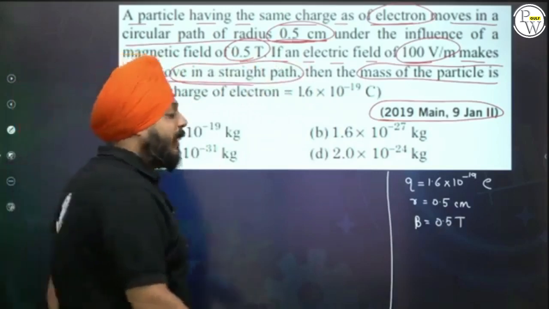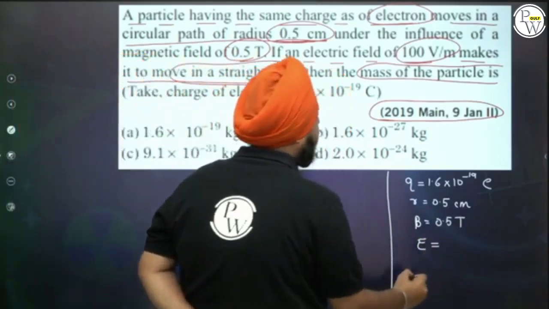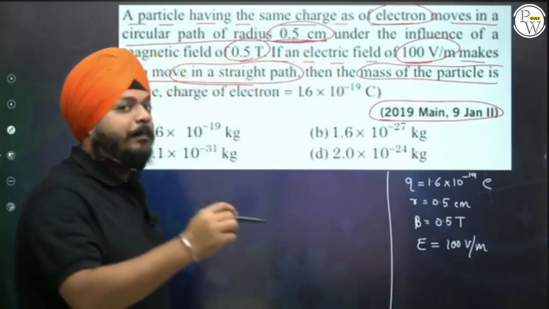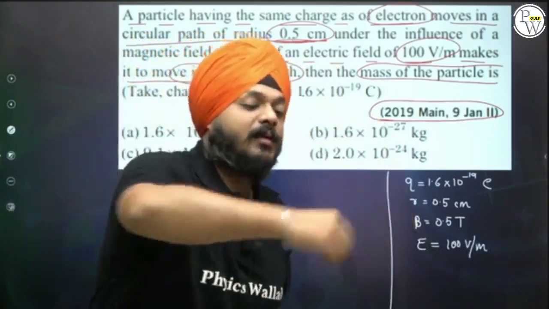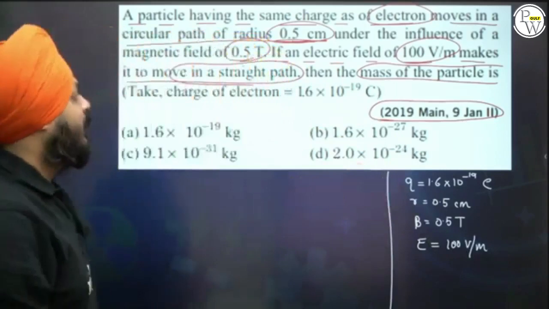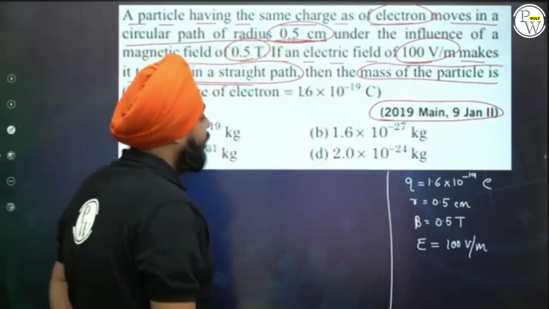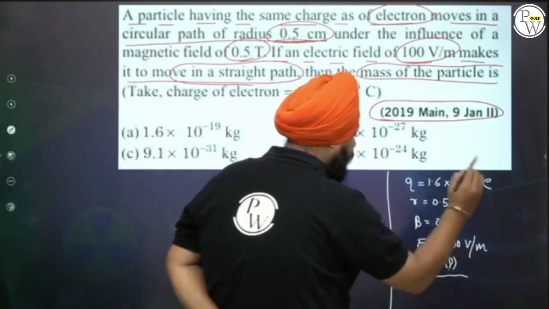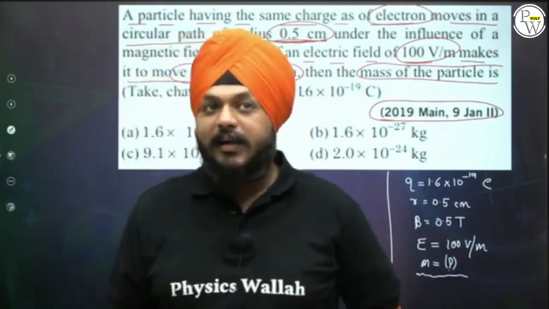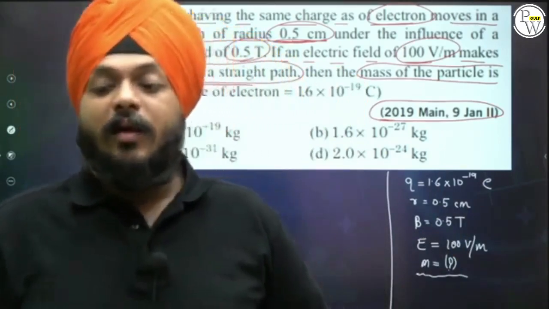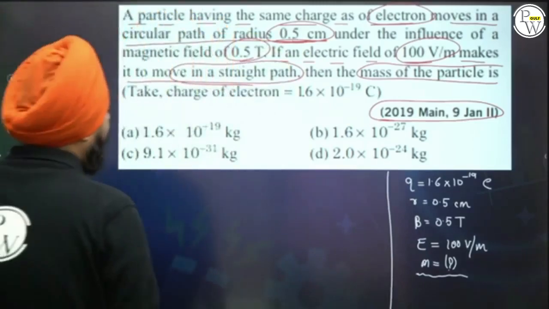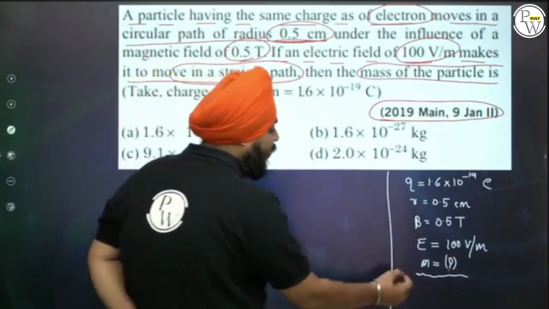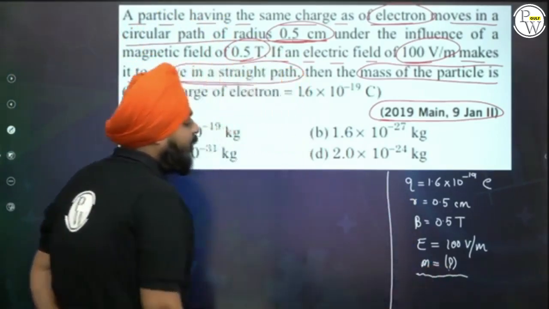There is also an electric field of magnitude 100 volt per meter that forces the particle to move on a straight line. Then the mass of the particle will be what? A very simple question. Now what the question demands is the mass of the particle.